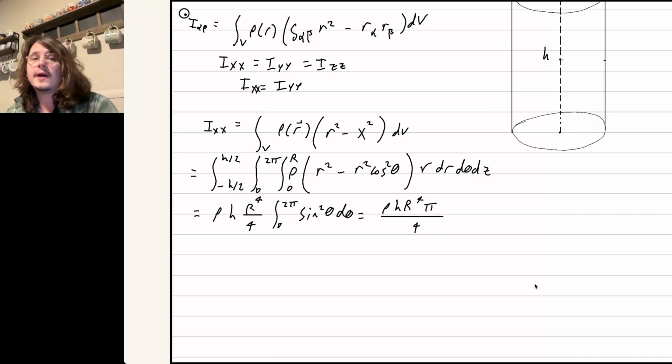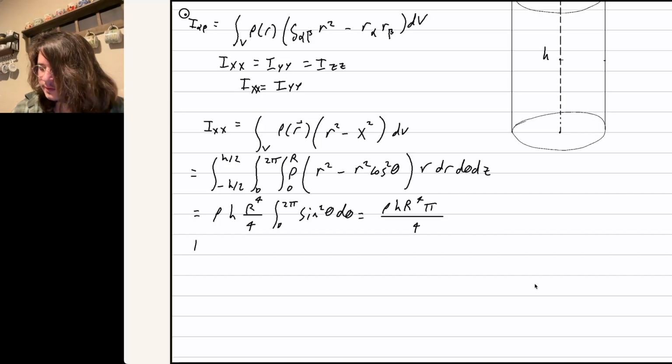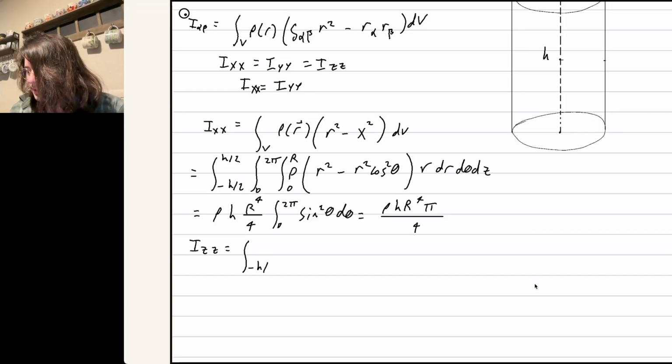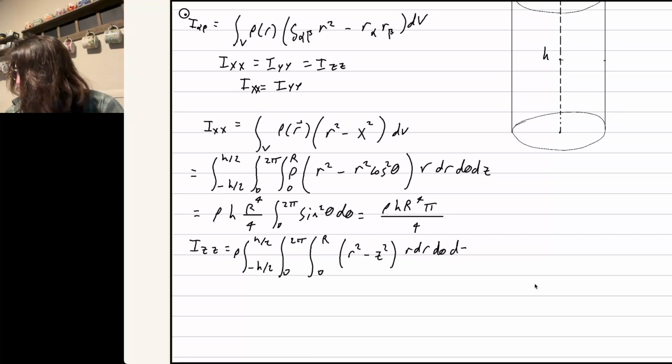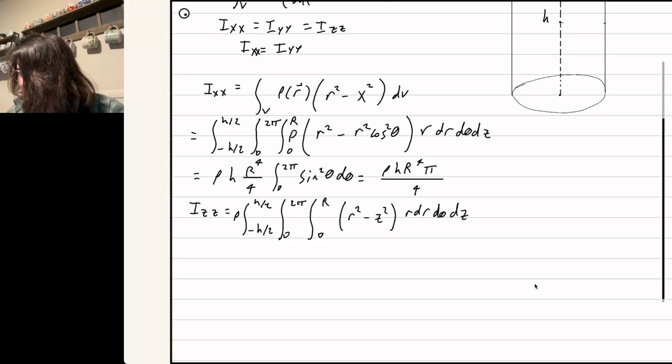Cool. Now Izz, which is kind of going to be a more interesting integral, I think. Minus h over 2 to h over 2, 0 to 2 pi, 0 to r. I'm already calling rho constant. It's r squared minus z squared, r dr d theta dz. So the integrand is already in cylindrical coordinates, so this is just kind of evaluating.